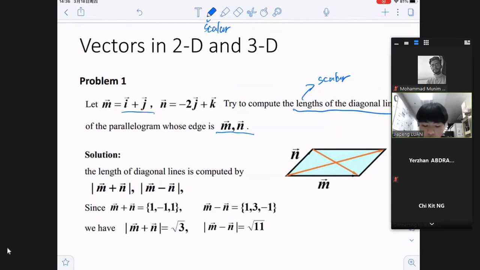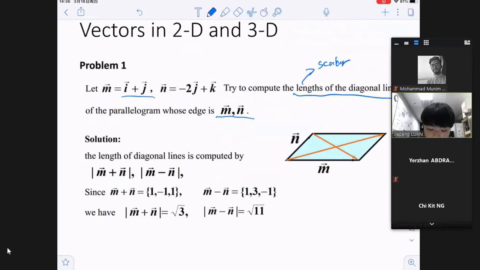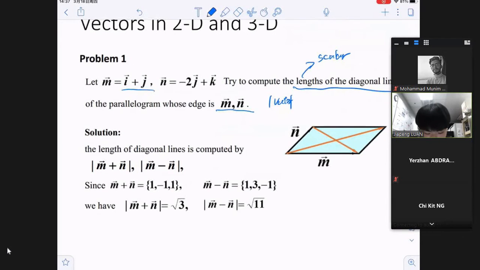So what is it that they want you to compute? It's actually the magnitude, right? So it is the magnitude of a vector. So for a parallelogram like this, you have M, you have N. Then how to compute this one?